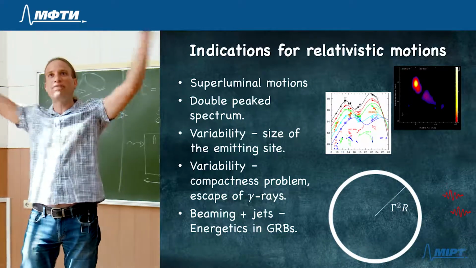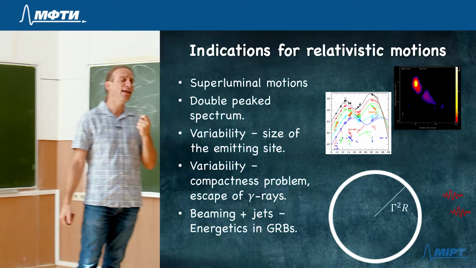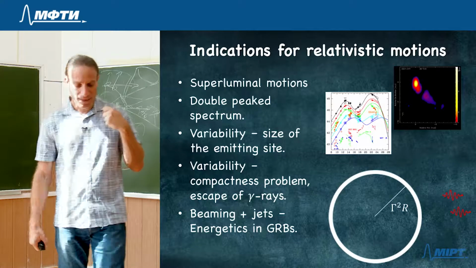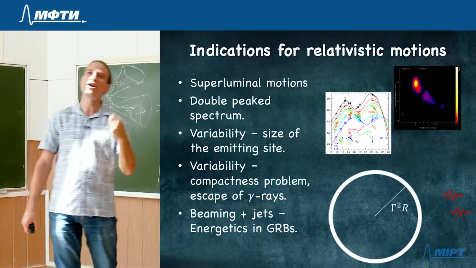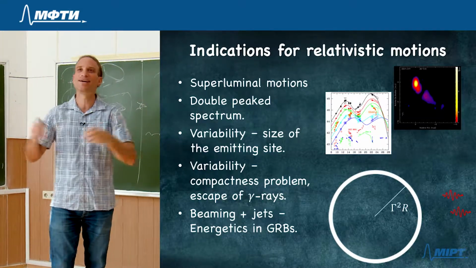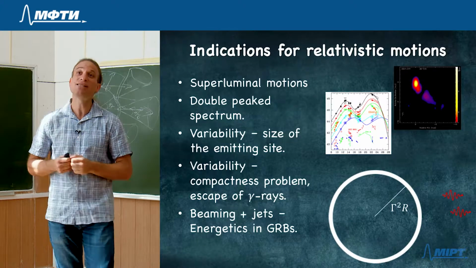So if I assume that everything is emitting spherically, then what I see are energies that are about 10 to the 54 ergs, which is about the total mass of the sun turned into energy instantaneously. So this is a problem.